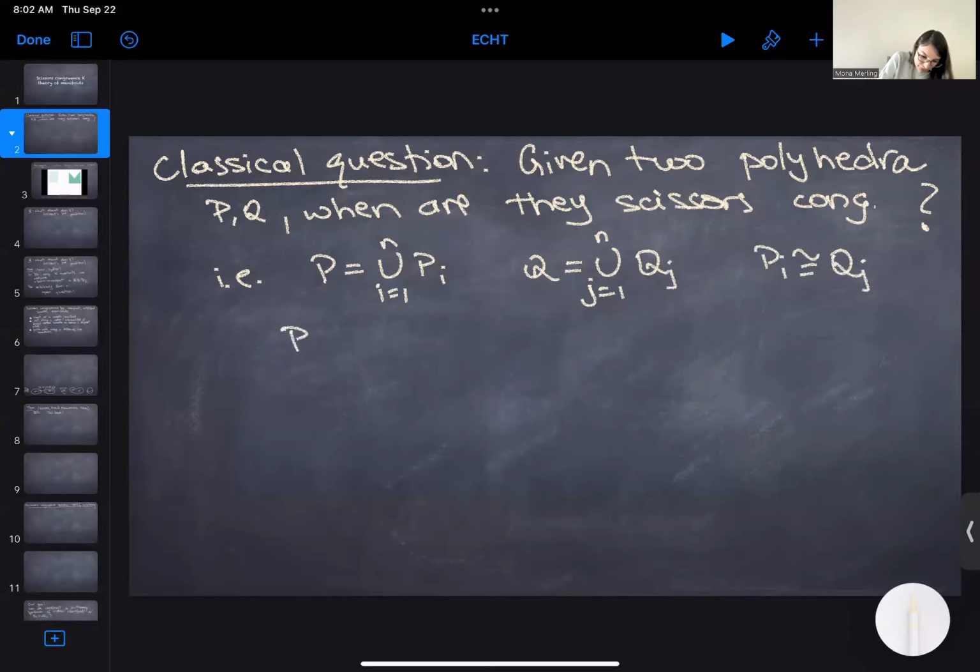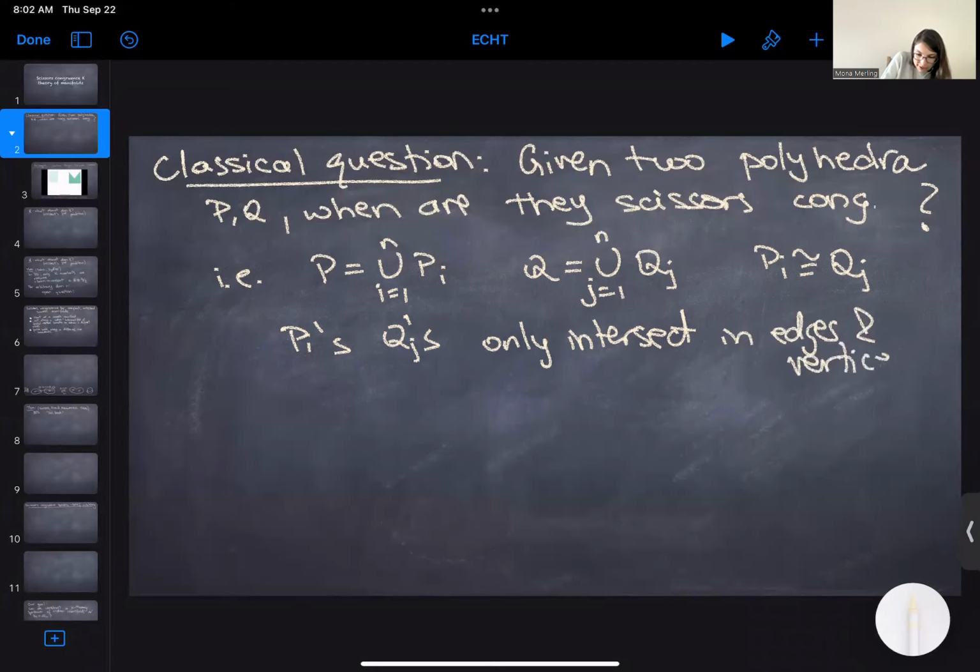And also we want the P_i's and Q_j's to only intersect in edges and vertices. In other words, we can think about this first in 2D.